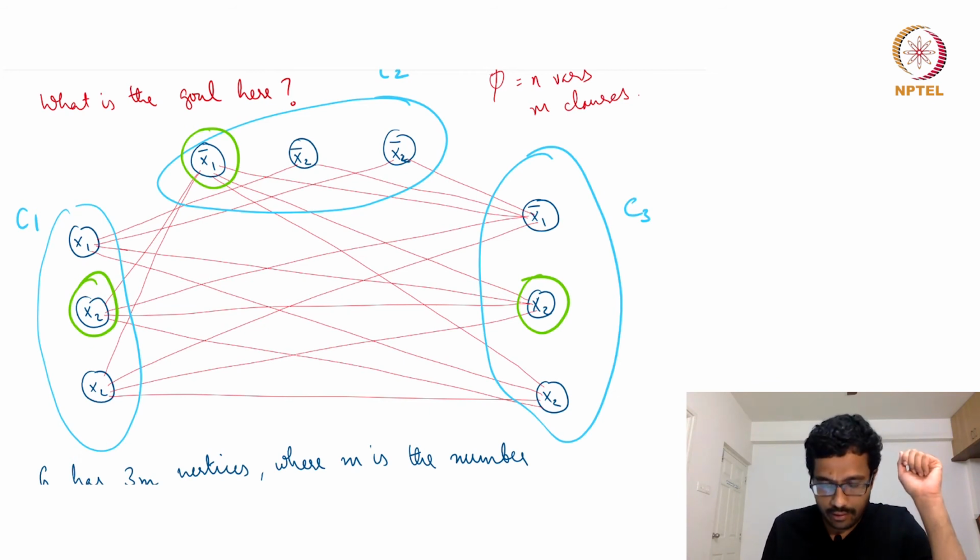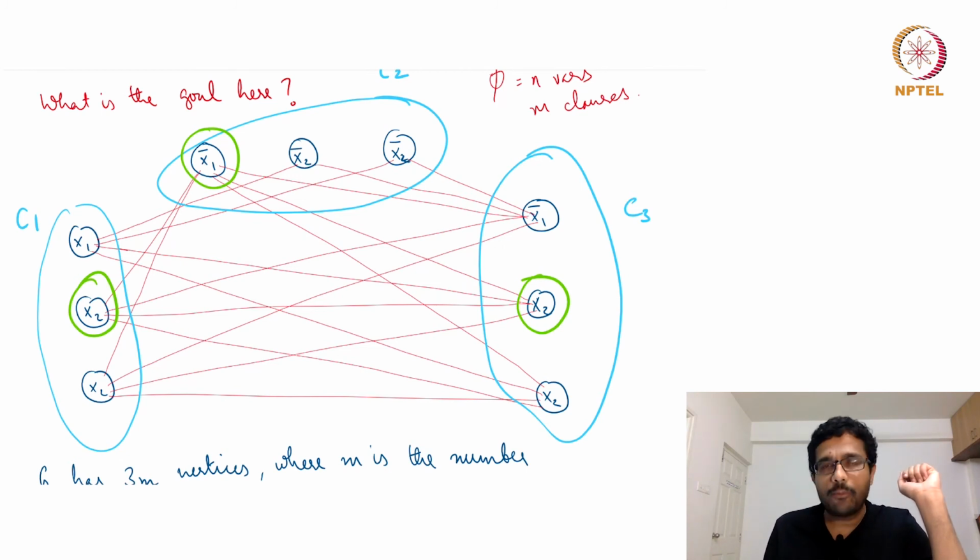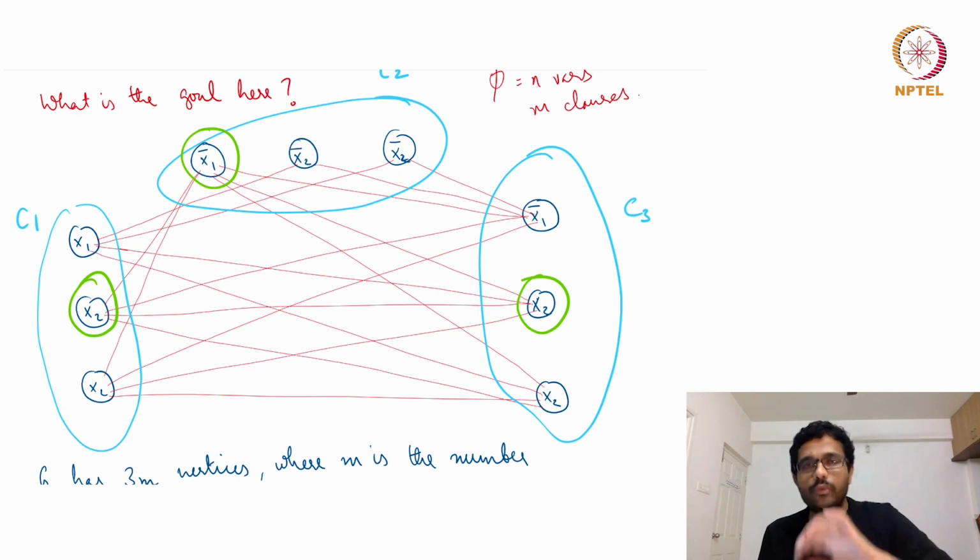So if xi was set to true in some clause, xi complement cannot be set to true in another clause. So xi and xi complement cannot appear together. So what we will have is a bunch of true literals in separate clauses and with no conflicts. So all of them will be chosen, and all of them will have edges between each other.